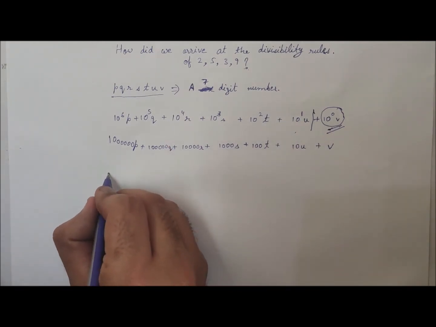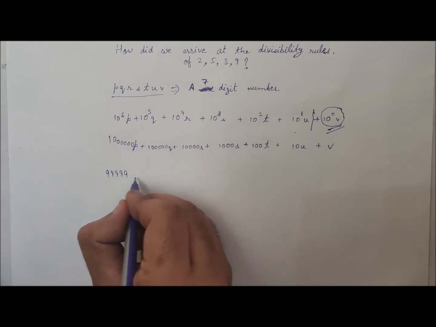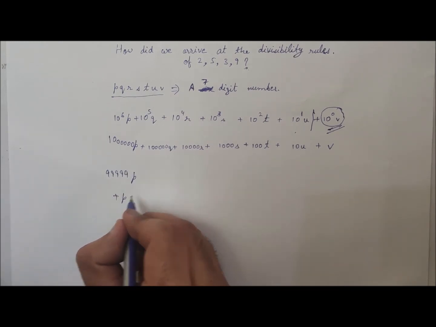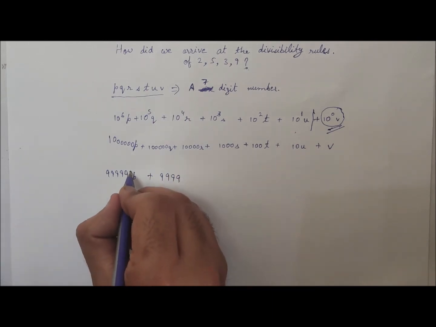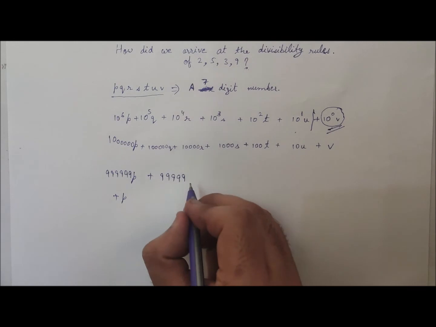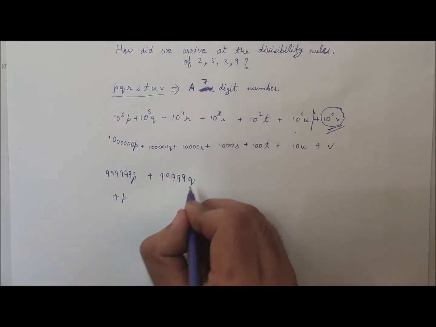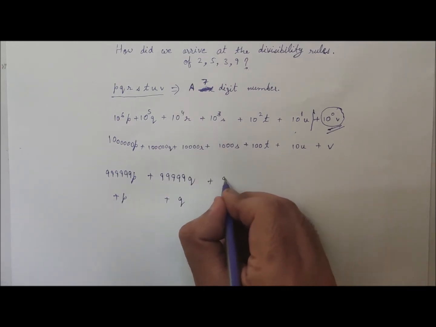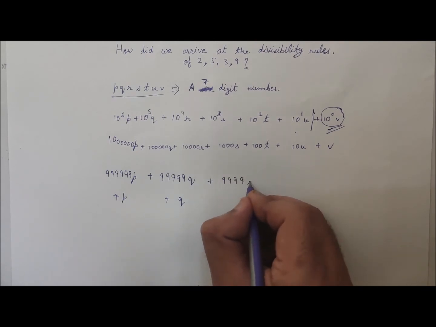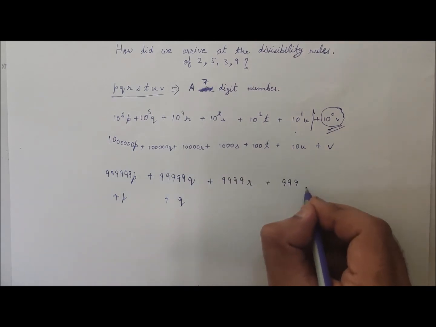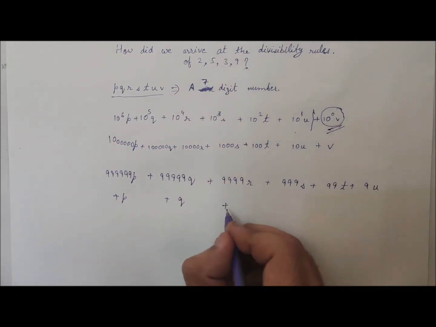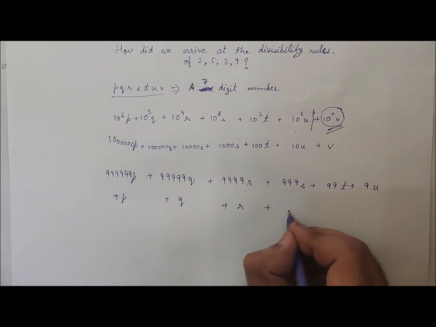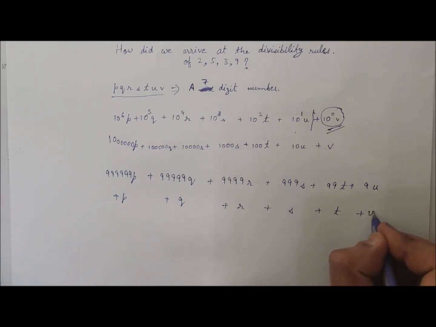I can write it down as 999999P plus P, 99999Q plus Q, 9999R plus 999S plus 99T plus 9U, and over here we would have an R in addition, an S, a T and a U, and the V would be as it is.